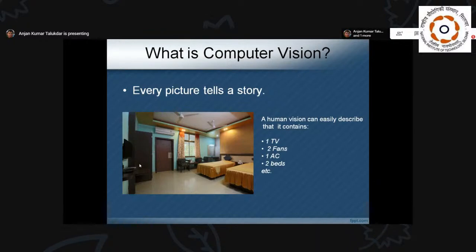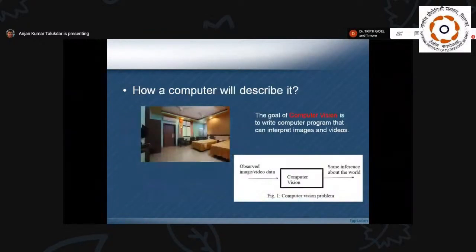So now, how will a computer actually describe this image? That is basically the goal of computer vision, to write a computer program that can interpret images and videos. Our human visual system can easily describe this image, but how will a computer describe or interpret it?